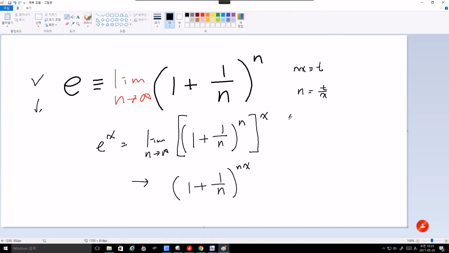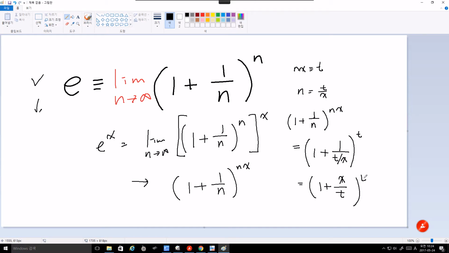So therefore 1 plus 1 over n, to the power of nx, is simply (1 plus 1 over (t over x)) to the power of t, which is the same as (1 plus x over t) to the power of t. So when n goes to infinity, then this implies t goes to infinity as well, right?